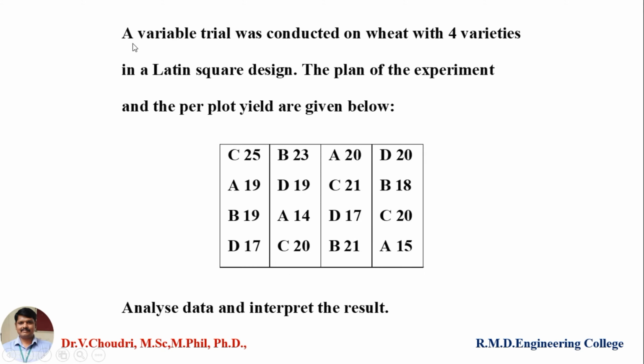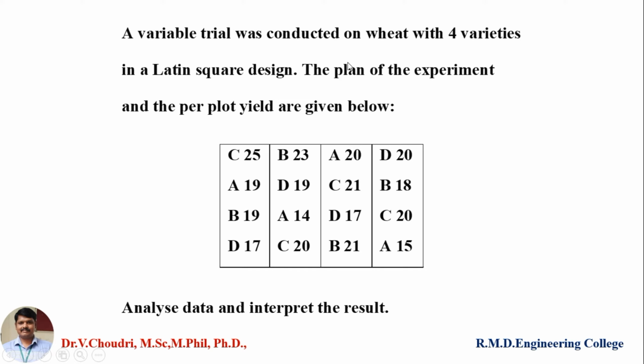Let us see one problem. A variety trial was conducted on wheat with 4 varieties in a Latin square design. The plan of the experiment and per plot yield are given below. See the table, analyze the data and interpret the result.